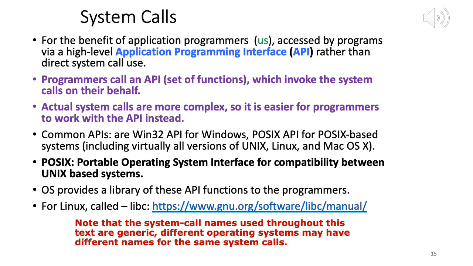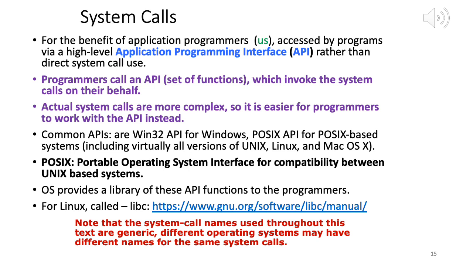Now we are on slide 15, titled System Calls. For the benefit of application programmers, all of us who are coders and can code applications, these system calls can be accessed using a high-level API. API is an application programming interface. Rather than calling these system calls directly, we can have what we call wrapper functions.